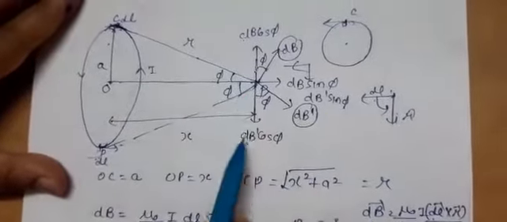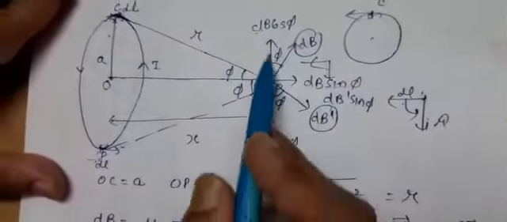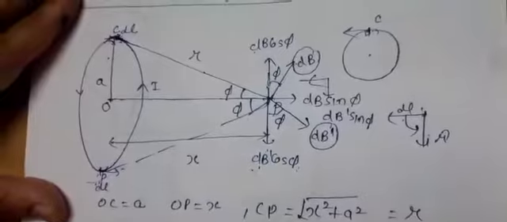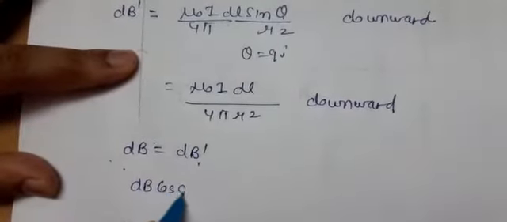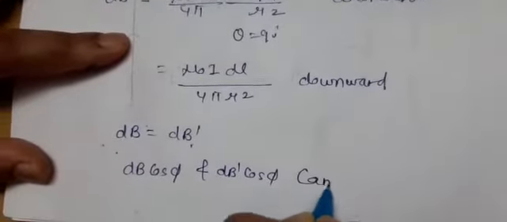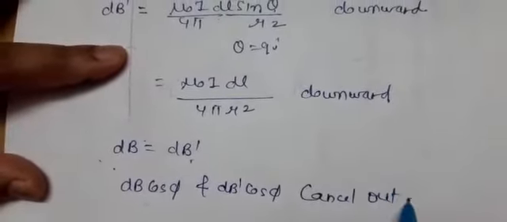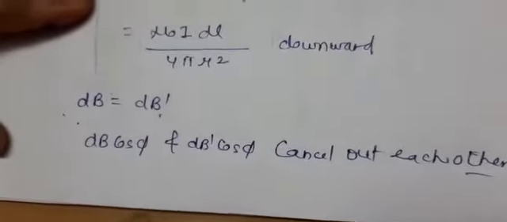As the magnitude of the magnetic field is the same and the angle phi is the same, these vertical components cancel out. So on resolving, dB cos phi and dB dash cos phi cancel each other out.